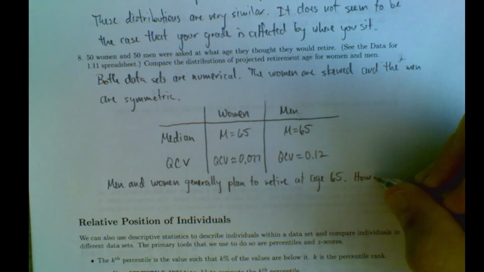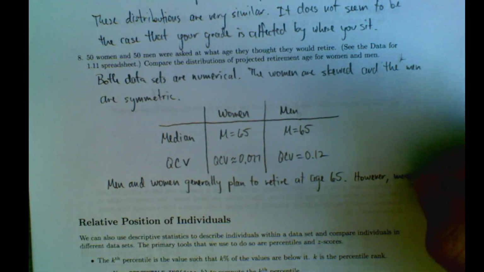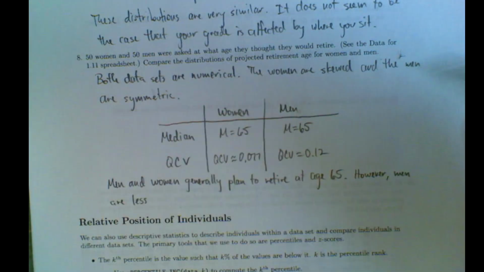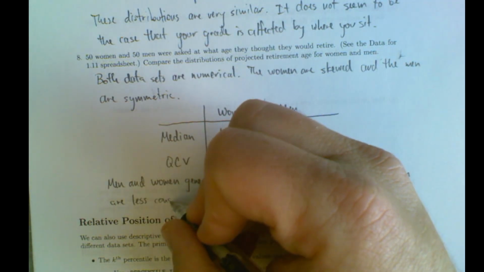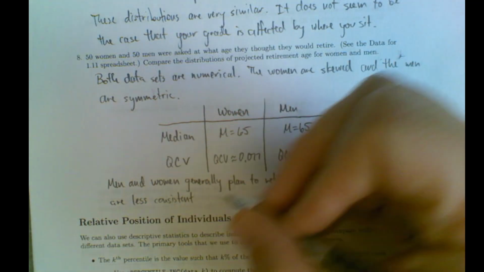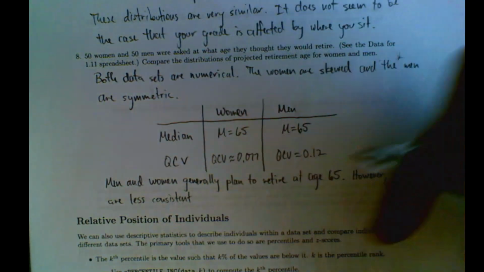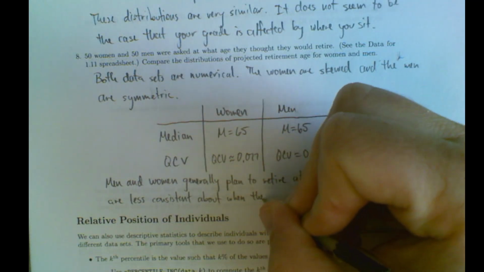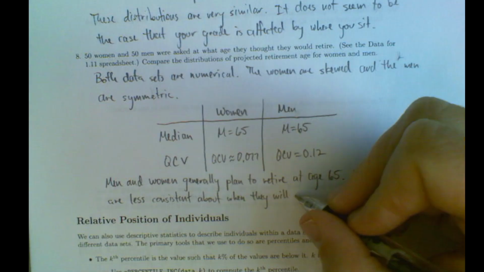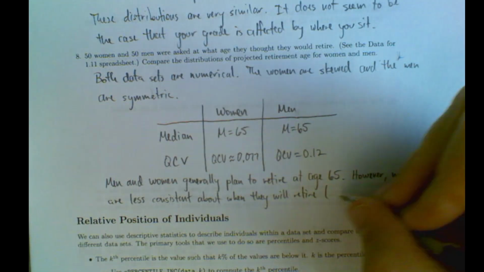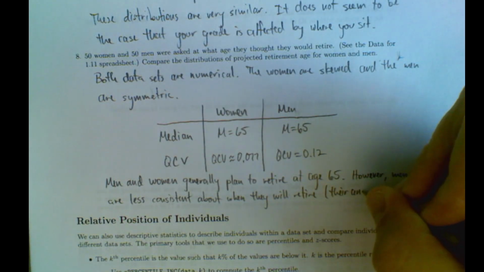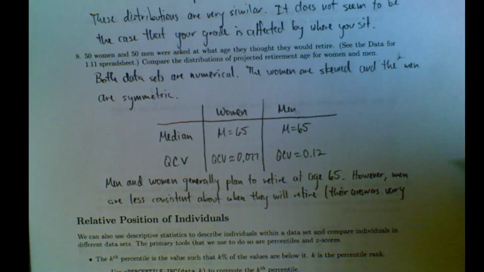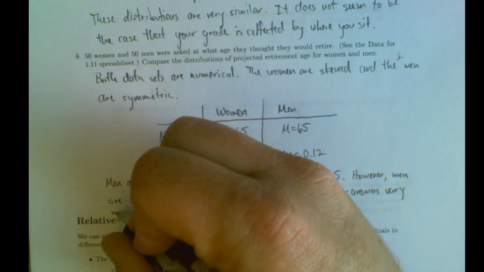However, men are less consistent. Or in other words, they have more variety. Men are less consistent about when they will retire. Their answers vary more than women's answers.